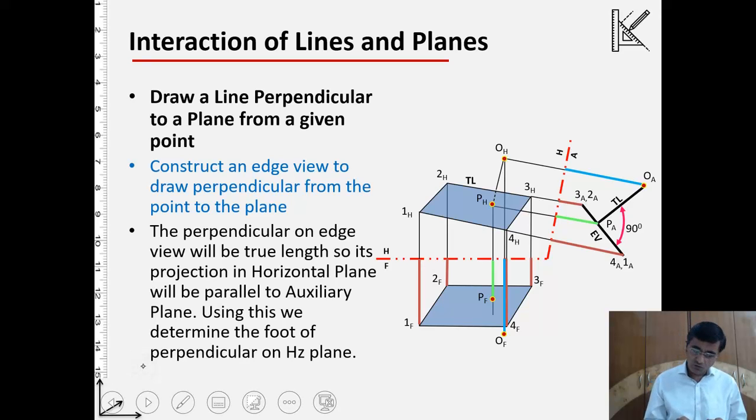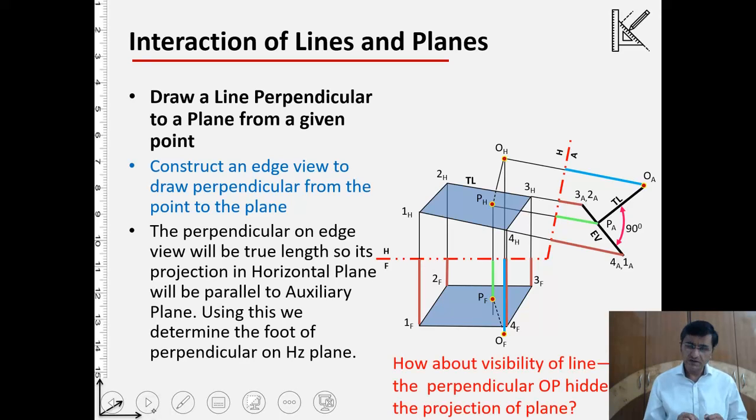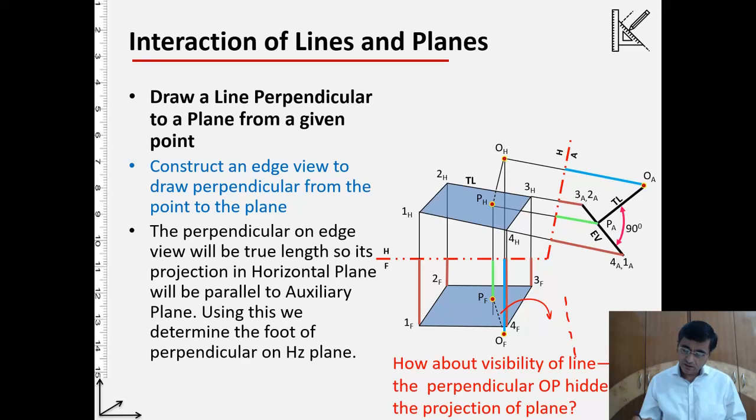Now one more thing over here: how about the visibility of the line? Somewhere I have shown the line as dashed lines. That means on the frontal projection, most of the line is behind the plane, while on the horizontal, a part of the line which is shown by dash is behind the plane. What is the meaning of it?